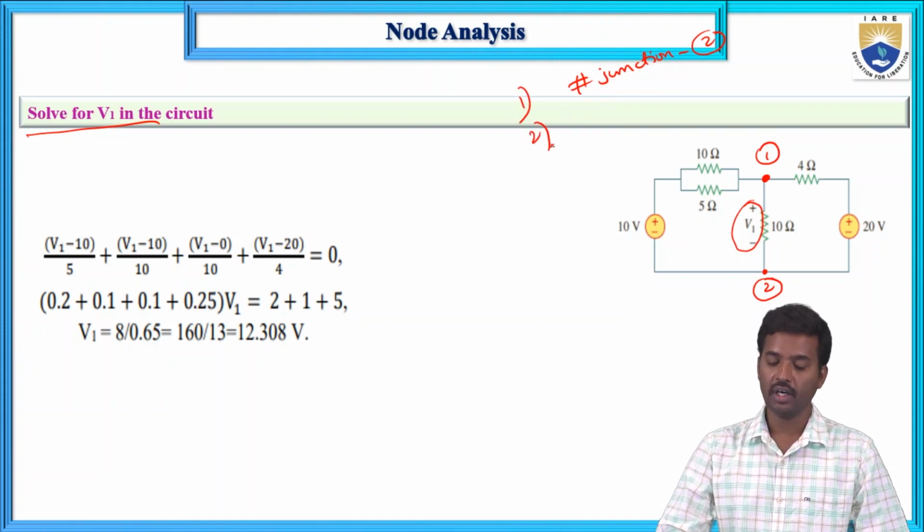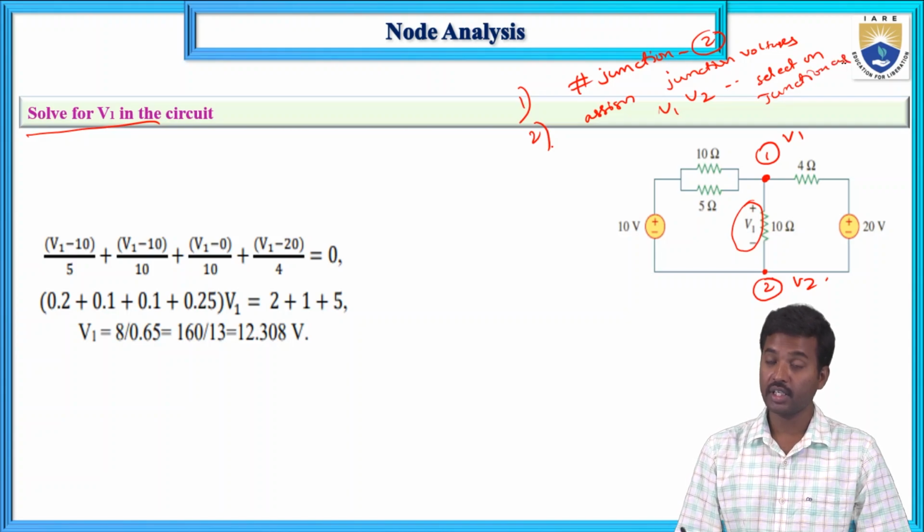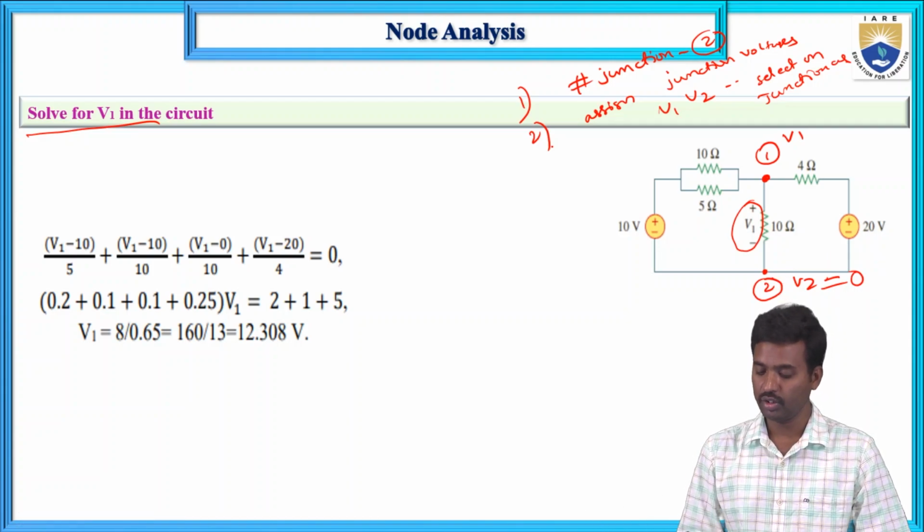Step 2: assign junction voltages V1 and V2. In that, select one junction as the reference junction. Here the preferable choice is the bottom junction as the reference junction, V2 equals 0. That means that is the reference junction, the ground junction, V2 equals 0.